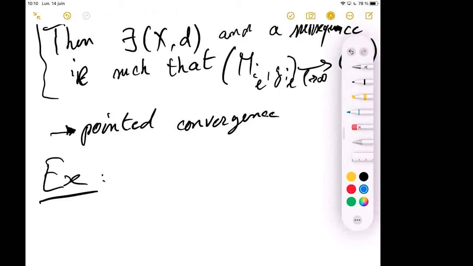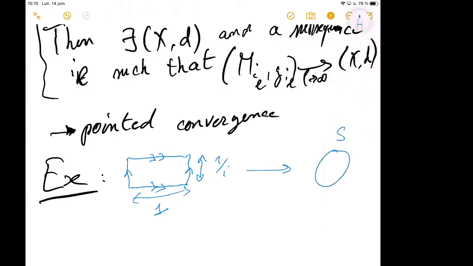So consider a sequence of flat 2D tori, with one side, so that I will draw as a topologist, of size 1 and another side of size, let's say, 1/i. So this is converging to S1, the circle of length 1, let's say R mod Z.